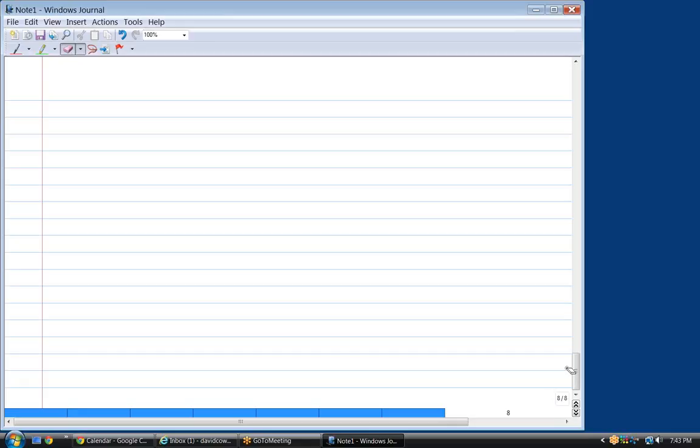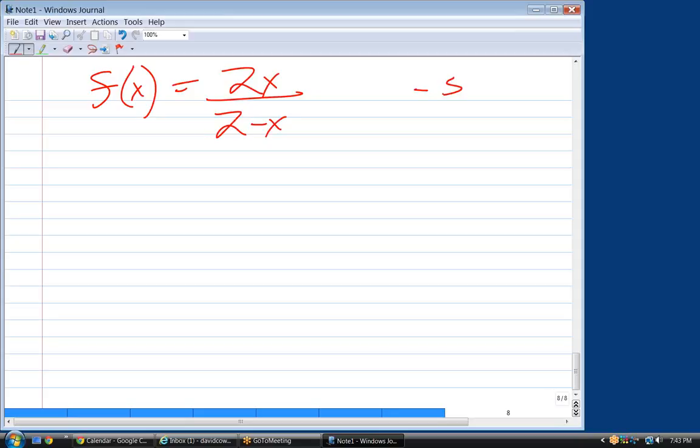What else you got? If f of x is equal to 2x over 2 minus x, and g of x is equal to negative 5 over 2x, find f of g of x. Okay.